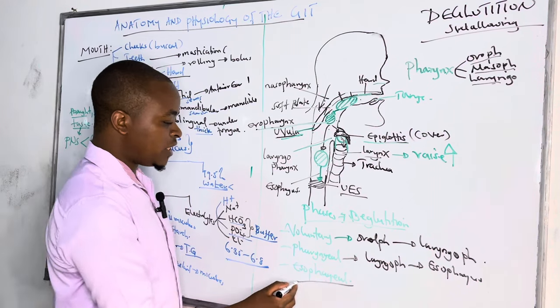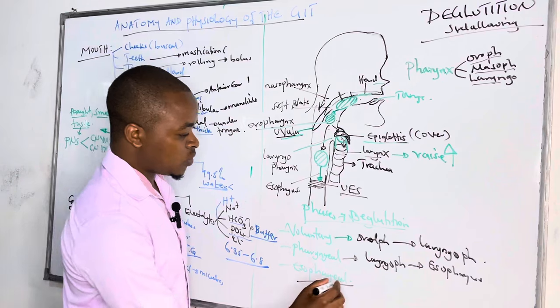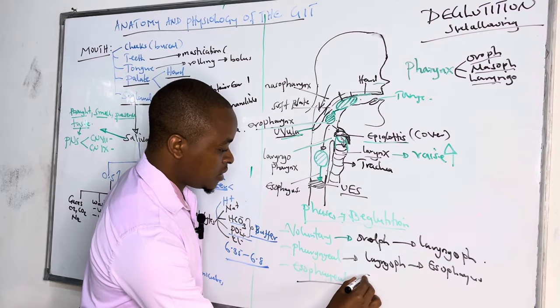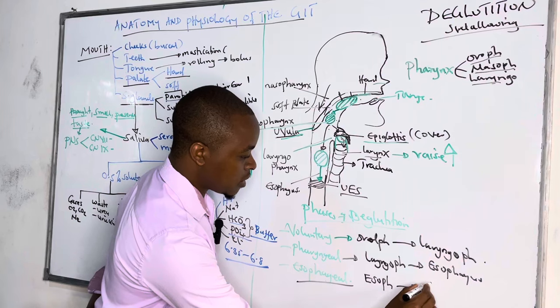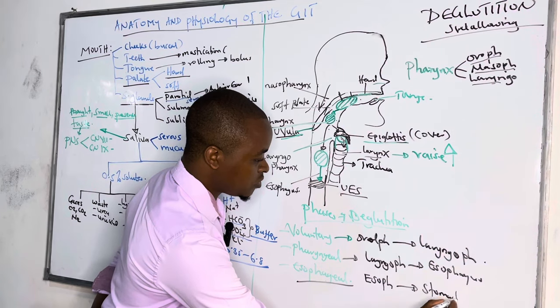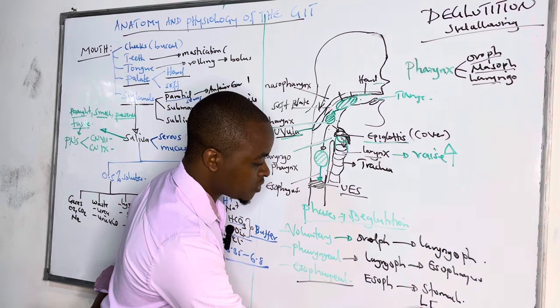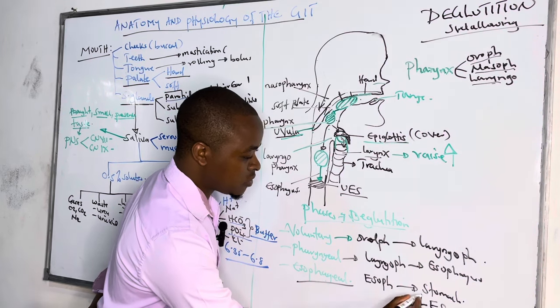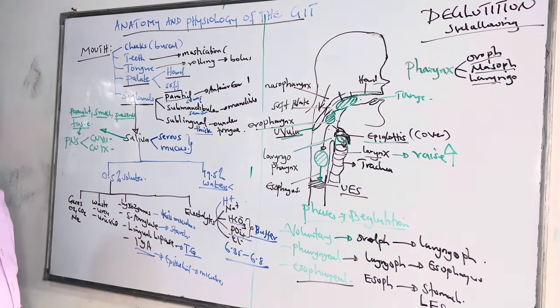Then the esophageal stage is whereby the food bolus is moved from the esophagus to the stomach. And this food passes via what we call the lower esophageal sphincter, which is always closed. That is the swallowing stage, or what we call deglutition.